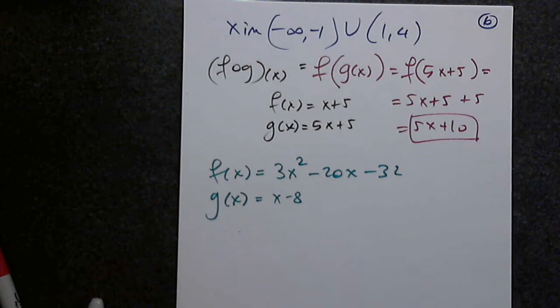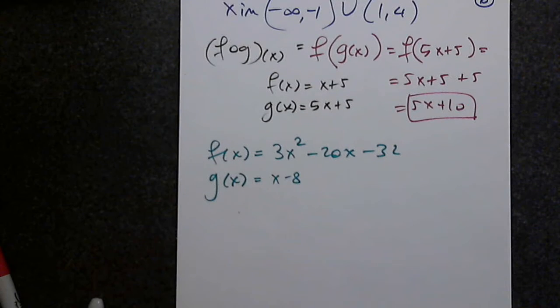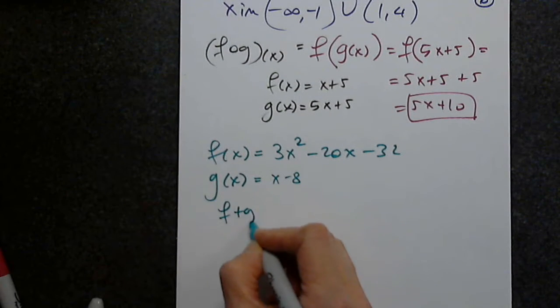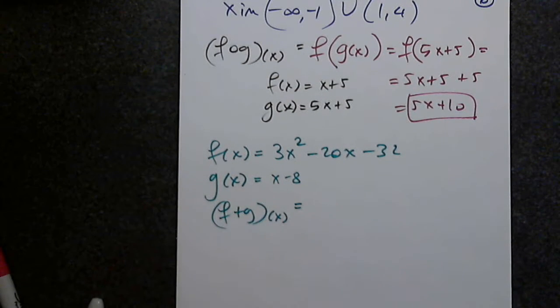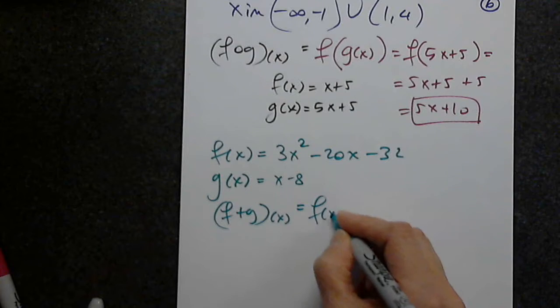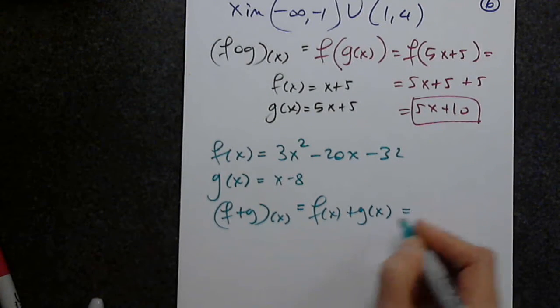Very good. What do we want to do? You want to add them. Very good. So when we're asked to find f plus g of x, we're asked to find f of x plus g of x.